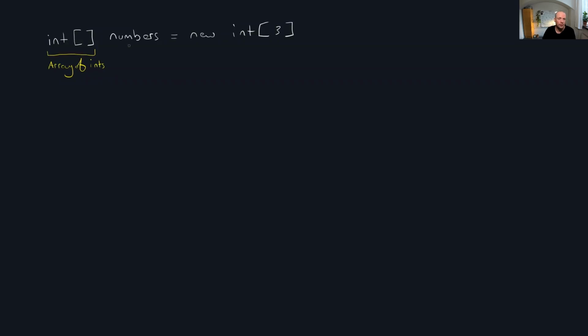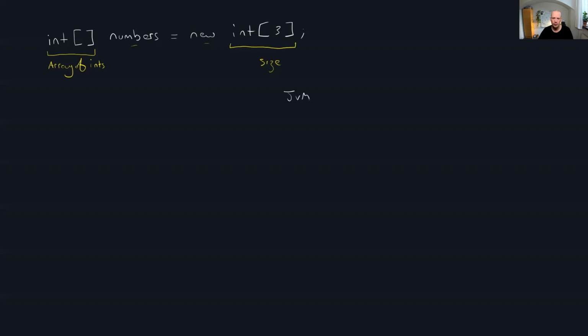We're already familiar with the name. We're already familiar with the new to mean we're constructing something. But then the term we use to actually initialize this array just repeats the type. Again, this is an array of ints, but this time we include the size, okay? Because we need to know in advance how big this array is going to be.